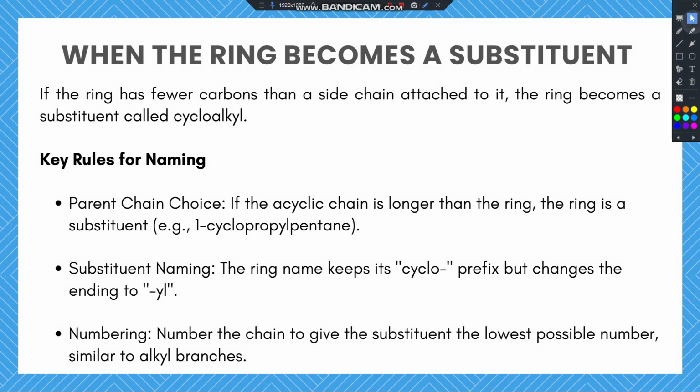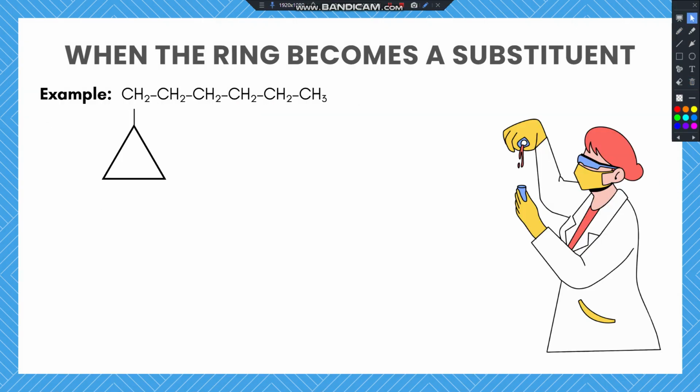So let's check out an example to buttress what I'm talking about. You can see this example on the screen. Okay, here is the cyclo compound, and here is the straight chain structure, the acyclic structure. Now my question to you is, which one has more carbon atoms? Well, let's find out. For the cyclo structure, I have 1, 2, 3 carbon atoms.